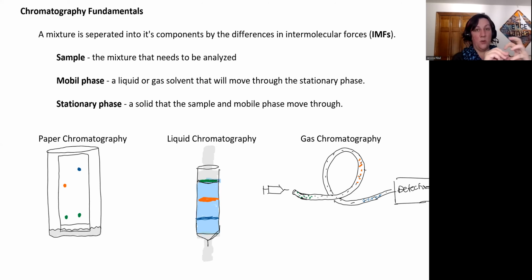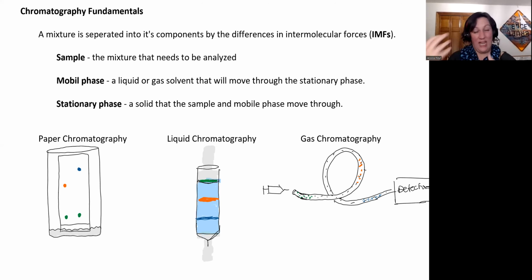And so that will force it to move along, but its interactions with the stationary phase will slow it down. And so we would be able to separate them by having the one that was more attracted to that mobile phase separate out and come out of the instrument first, and then the one that was more attracted to the stationary phase come out second.